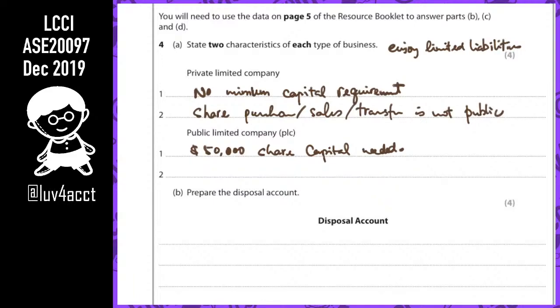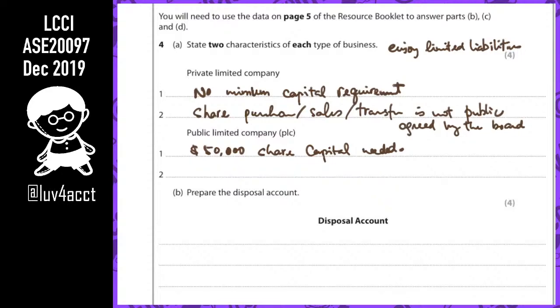And also, if you want to purchase or sell or transfer your shares, it has to be agreed by the board. You cannot just sell it anyhow to anyone, because usually a private limited company is family based, or very close to external investors.